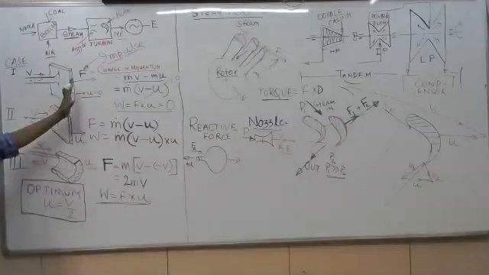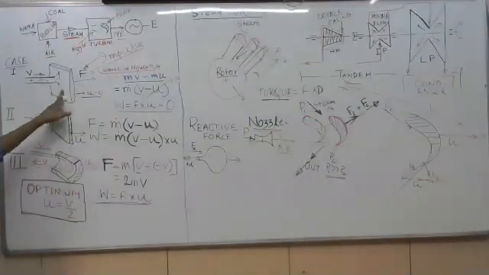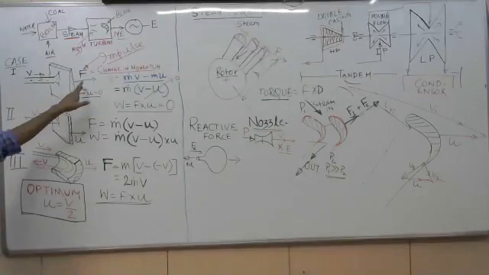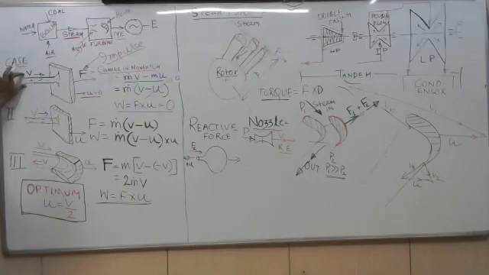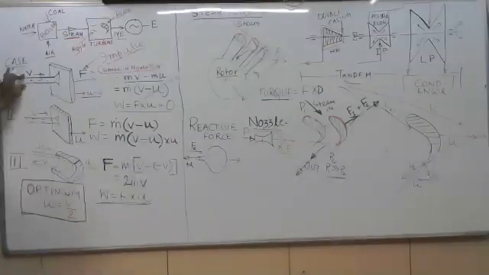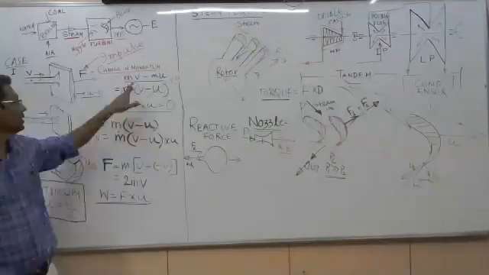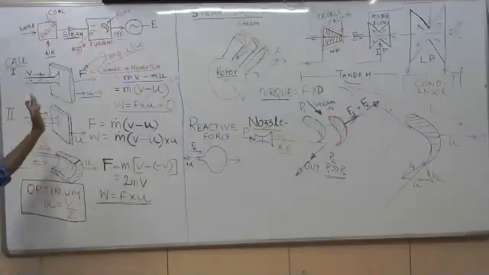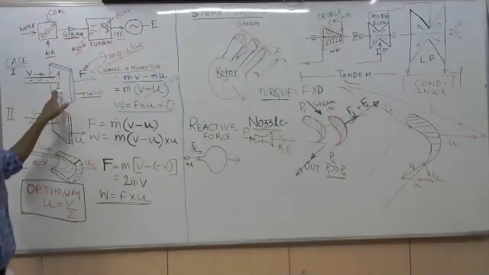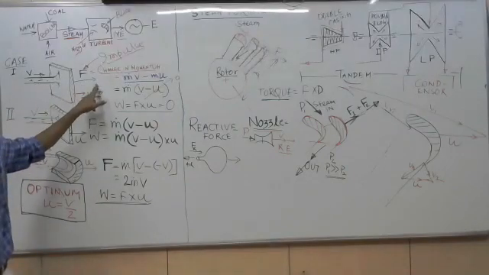The plate is not moving in the first case. The force experienced by the plate is nothing but the change in momentum in the x direction, the mass of the jet times its velocity. The initial velocity is v in the x direction, and the final velocity in the x direction is 0. The jet is impinged and splashed out, so there is no velocity in the direction of the jet.